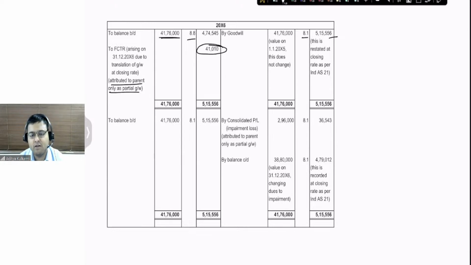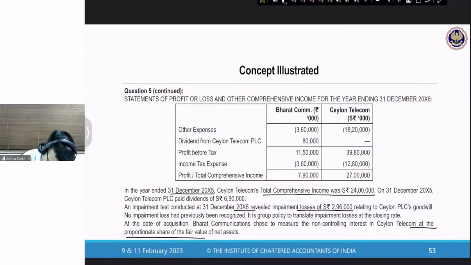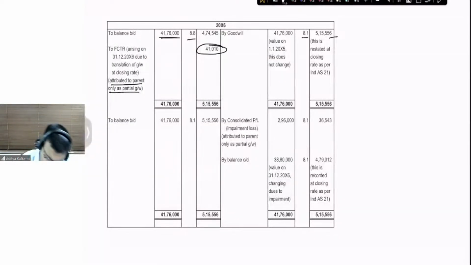All right, fine. Next one, somewhere they have given an impairment test conducted at 31st December revealed impairment losses of Sri Lankan rupee 2,96,000, which is the goodwill impairment loss. So 2,96,000 at 8.1 is 36,543.